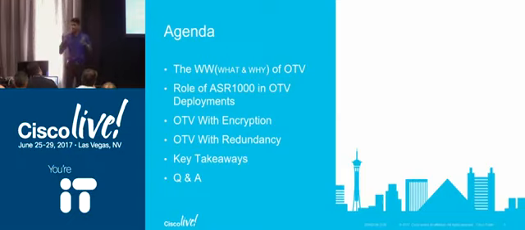We'll talk about the modes of encryption that we can use on top of OTV. I'll touch upon a design topology with OTV with redundancy, how we can make our OTV setup redundant. I'll then summarize the session with a few key takeaways from this presentation, and I'll open the room for any questions. Hope that works for you. Please don't bury me with the questions.